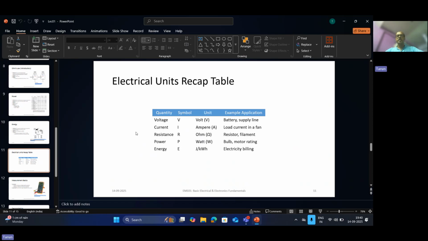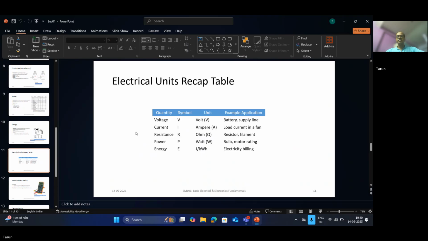We use the unit of voltage to specify batteries, supply line, etc., whereas load current in a fan is expressed by the unit ampere.